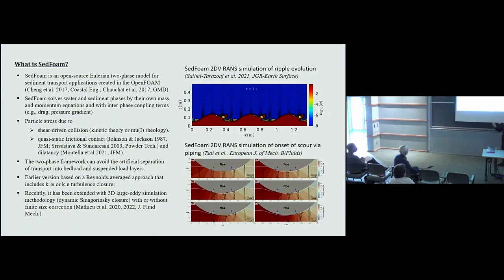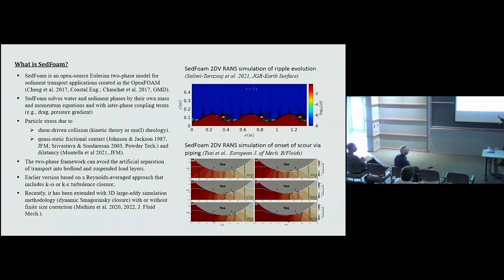So the particles are going to have a shear. That's going to first drive the shear-driven collision, whether you use mu-I rheology or kinetic theory. And then once you go further into the deeper part of the bed, usually it goes to about 57% in random loose packing. That's where the Johnson-Jackson closure, at least in our model, kicks in.